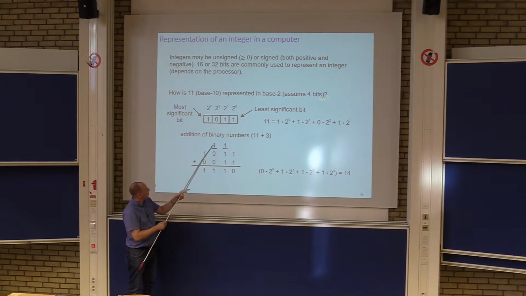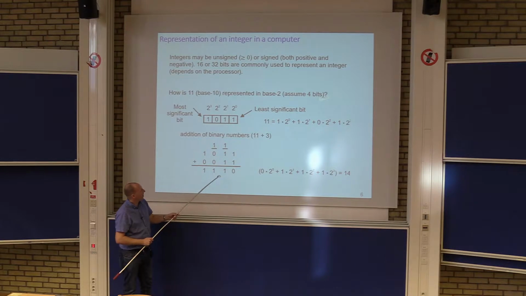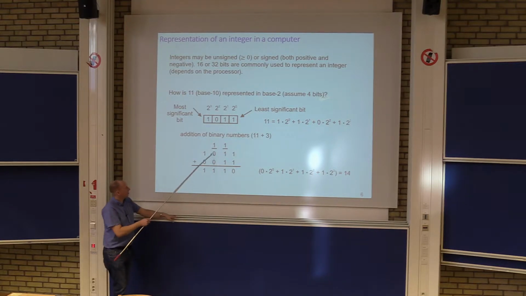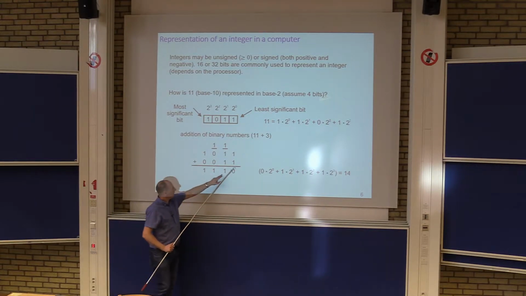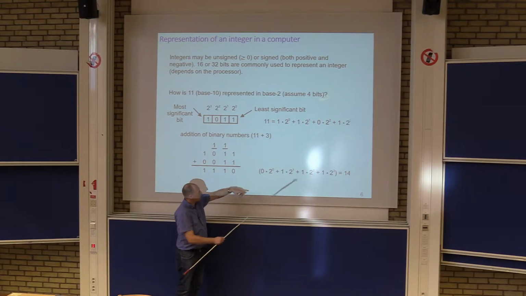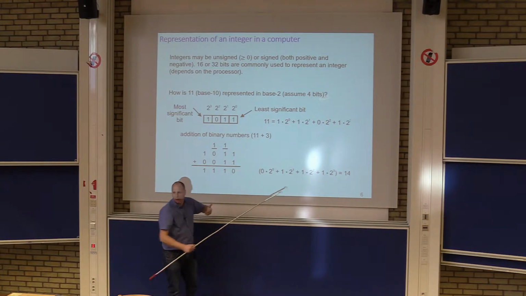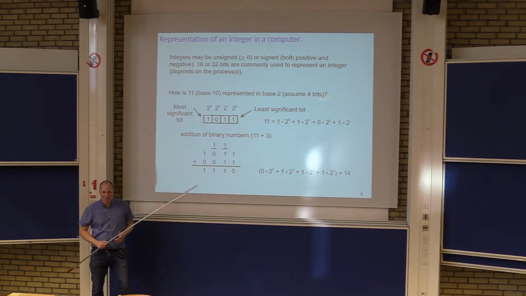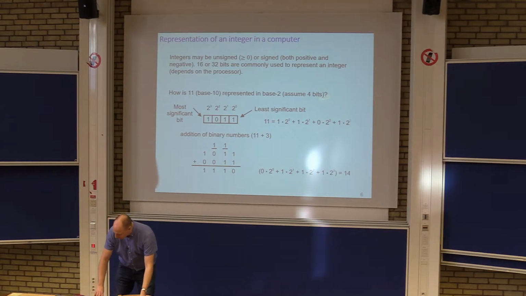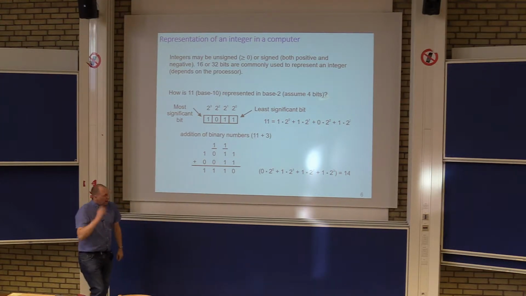So you put a carry over 1 here, and then you put the least significant bit here. Then 0 plus 0 plus 1 will be 1. 1 plus 0 will be 1. So now you got 1, 1, 1, 0, which you will interpret as 0 times 2 raised to 0 plus 1 times 2 raised to 1, and so forth. And you will get 14, as we expect, right? Okay, so this was all fine.